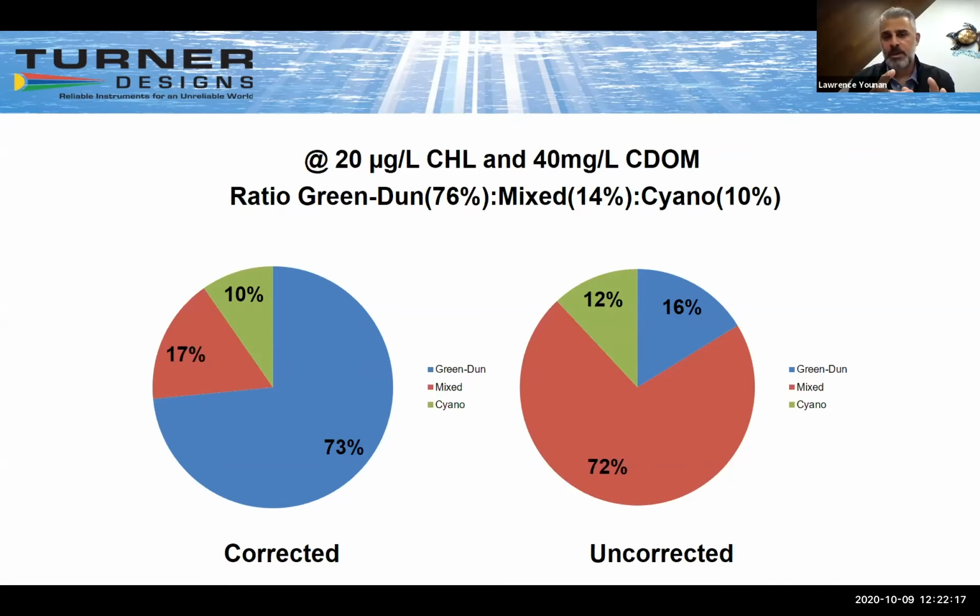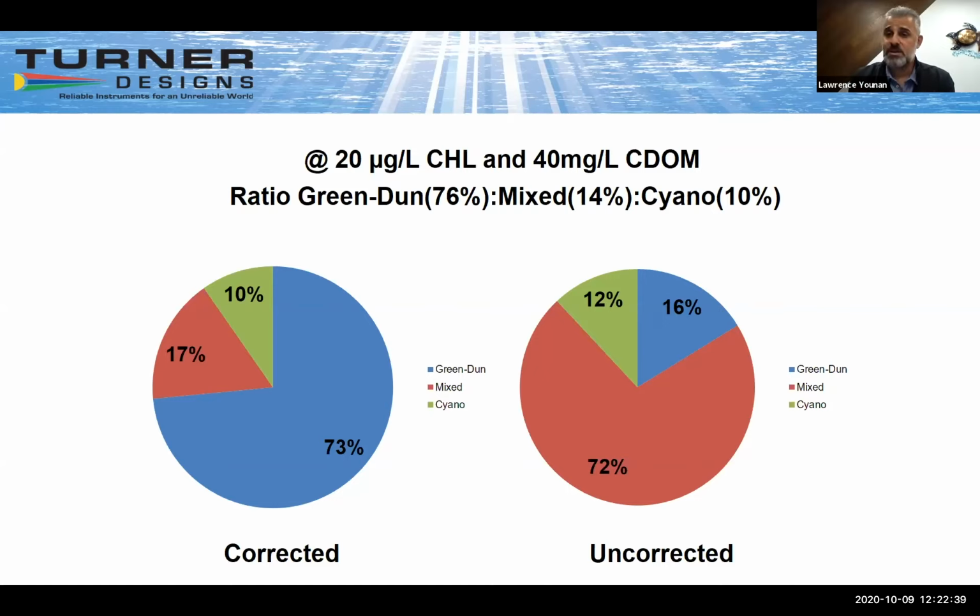So for example, and let me orient you here a little bit because it seems a little busy. We're looking at 20 microgram per liter of chlorophyll in that ratio of algae, which you see green is 76% of that, contributing to the 20 microgram per liter. 14% is the mixed PE containing.